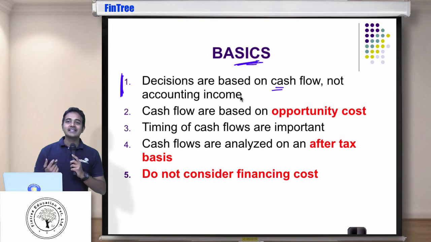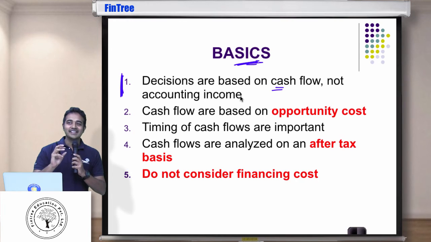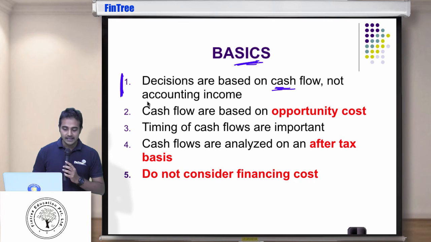If you remember at L1, I said that we have to think like a baniya. Those of you who don't know who baniya is, just Google for it. We think in terms of how much cash came in and how much cash goes out, and therefore we are concerned about cash flows.